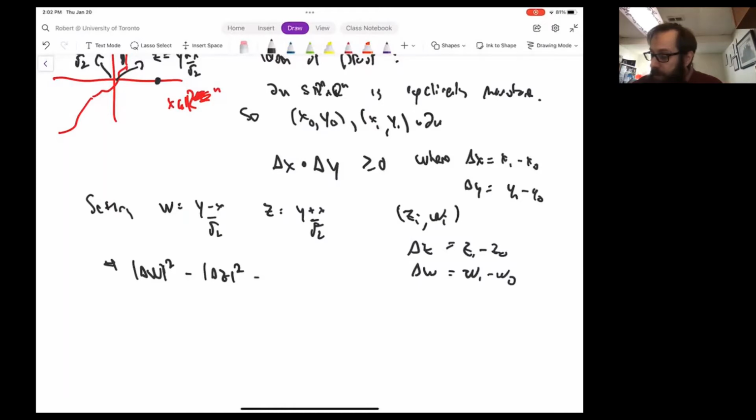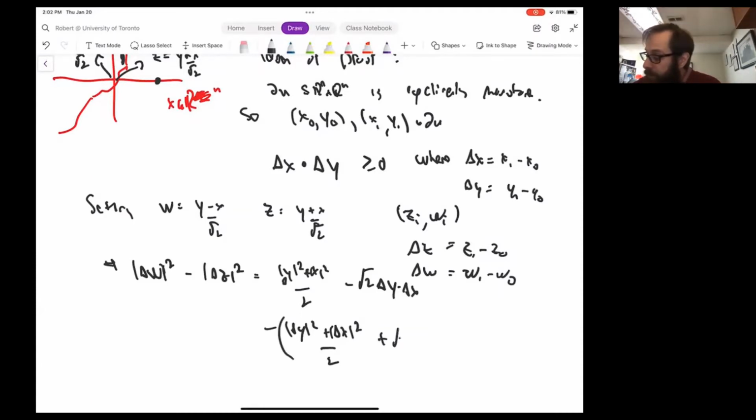And delta w squared is something like y squared plus x squared over 2 minus root 2 inner product of y with x, plus delta x squared minus 2 inner product of delta y with delta x, minus a similar thing, delta y squared plus delta x squared over 2, and this time it'll be plus instead of minus. And so these terms cancel each other out when I do the subtraction, and these terms add up.